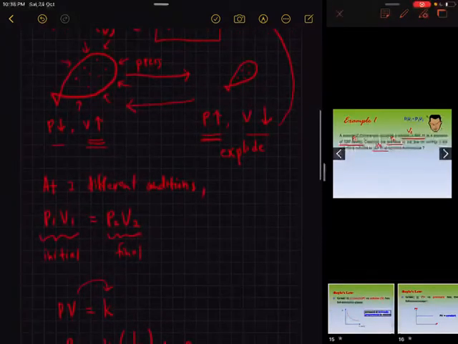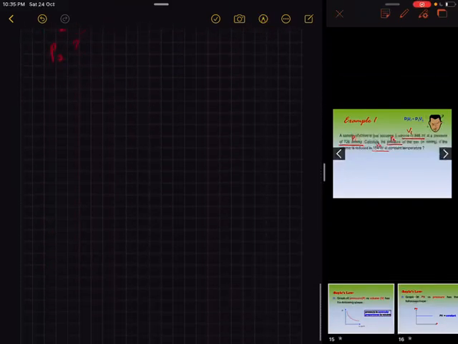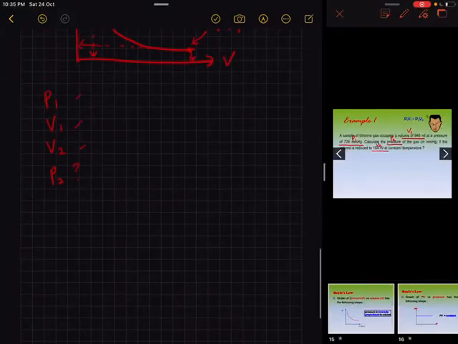Yang mana satu? Yang ini. P1 V1 equals to P2 V2. Okay, at constant temperature. Alright. Okay, so by knowing the formula, P1 V1 equals to P2 V2, you just insert the nilai into the formula sahajalah.